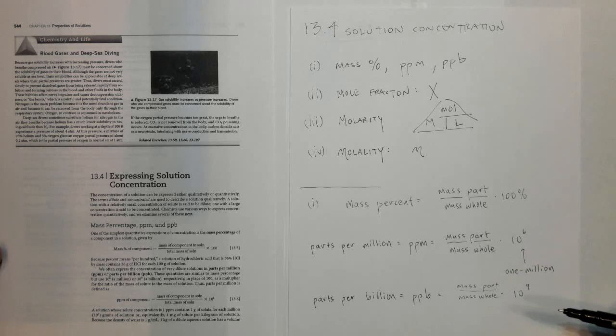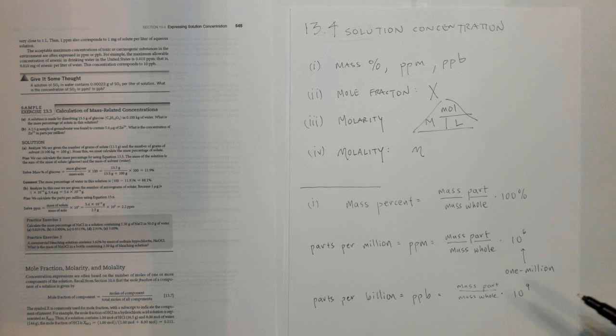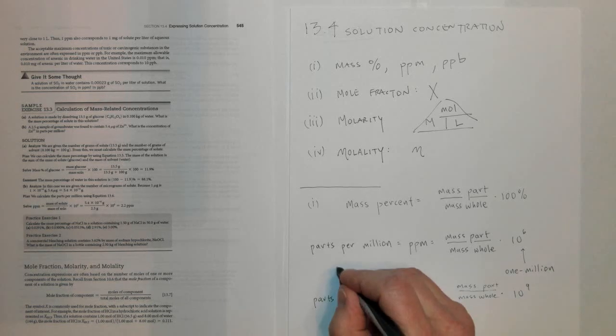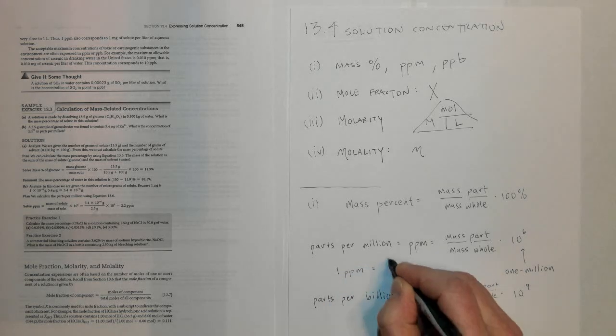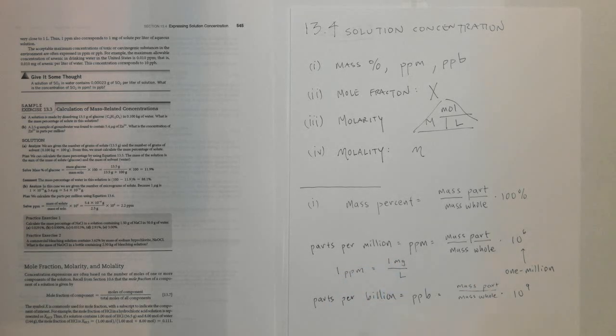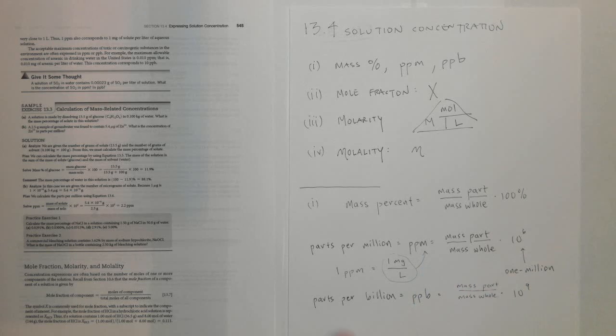Because the density of water is 1 gram per milliliter, 1 kilogram of a dilute aqueous solution has the volume very close to 1 liter. Therefore, 1 part per million also corresponds to 1 milligram per liter of aqueous solution. So milligrams per liter many times is exactly the same as parts per million.